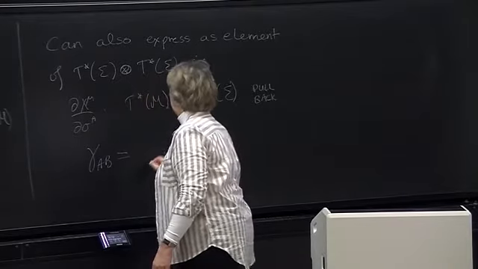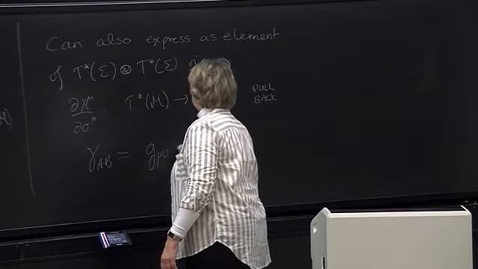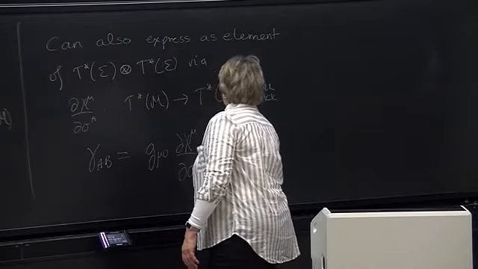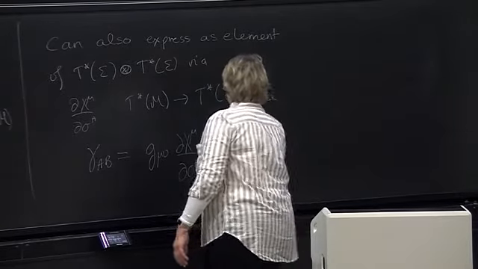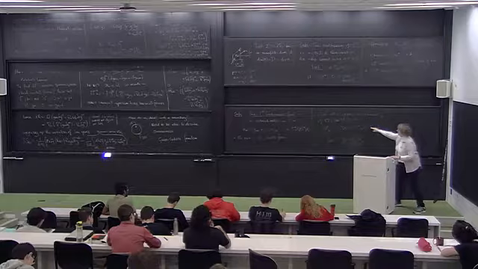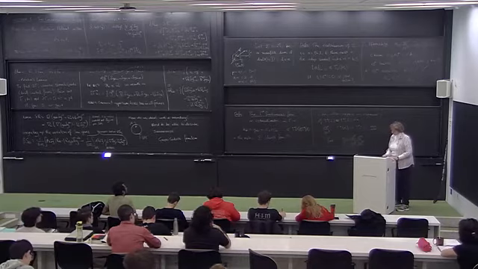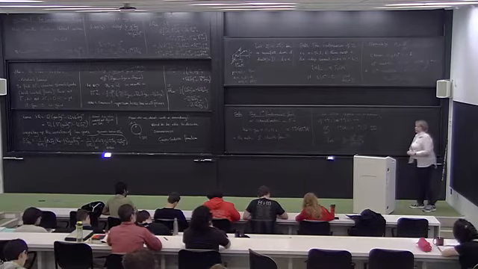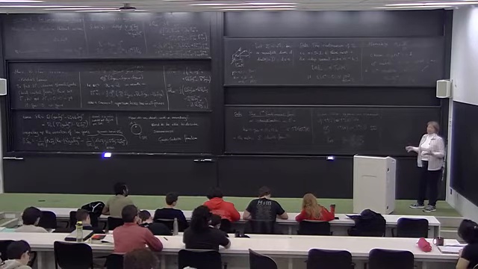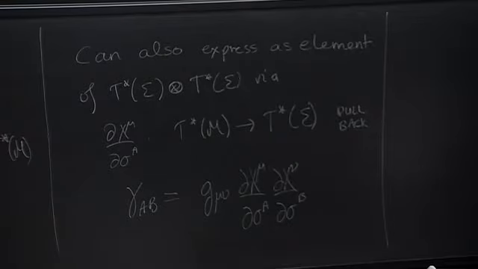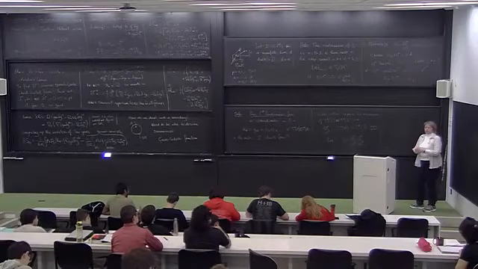We have our g on the manifold, and we simply project it down using these dx by dσ functions. So that's more or less stating the obvious, in the sense of saying we want our submanifold to inherit its structure from the parent manifold. This is what the metric is.